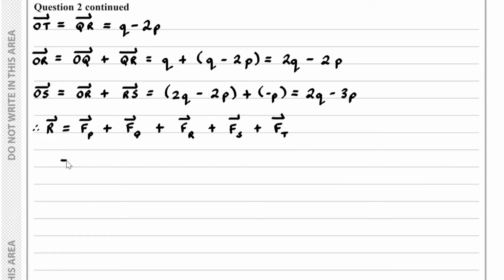So we've got the vector FP equaling OP. Then we've got FQ, which is equal to twice OQ.